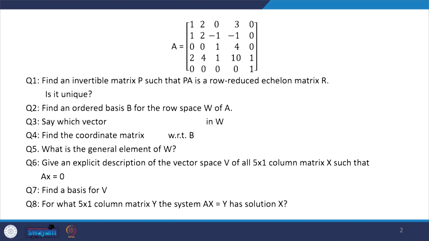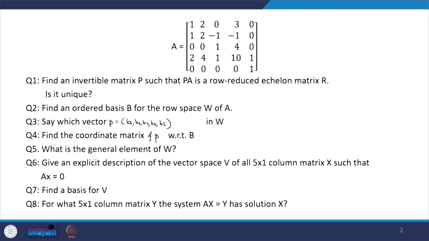Second question, find an ordered basis B for the row space of A. Third, which vector beta equal to b1, b2, b3, b4, b5 is in the subspace W, and find the coordinate matrix of beta with respect to the ordered basis B.